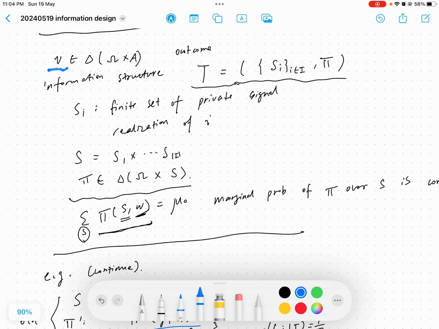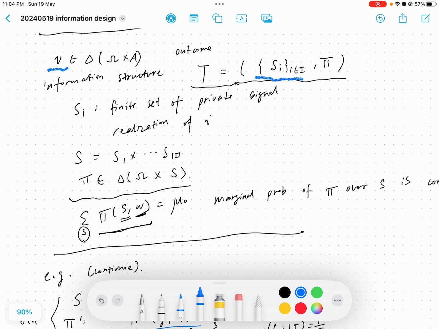Here S_i is a finite set of the private signal realizations of player i themselves. So we can see it is useful to guess that this framework could later be used as a game with multiple private signals, right?